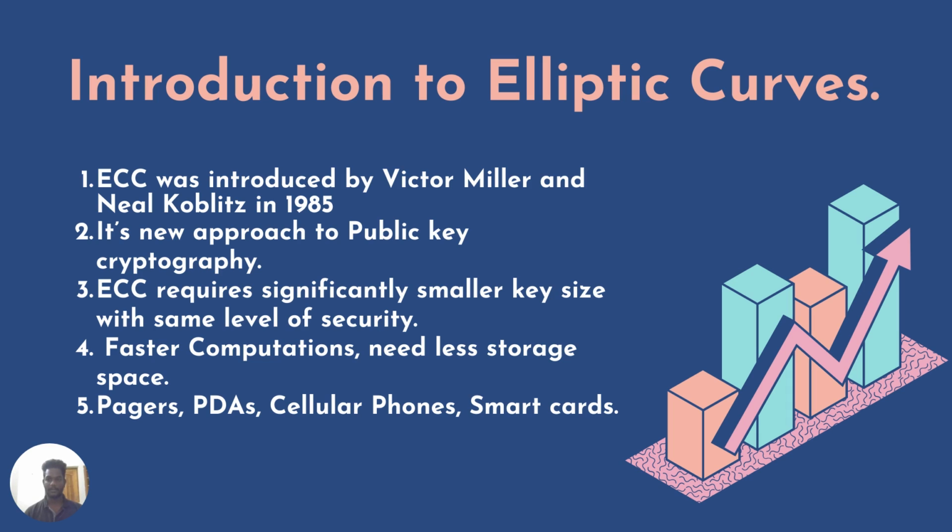There are many public key cryptography algorithms such as the DSA algorithm and the RSA algorithm. ECC is a new one, and it requires a significantly smaller key size with the same level of security. In RSA and DSA, we use larger integers compared to ECC, but both have the same level of security.